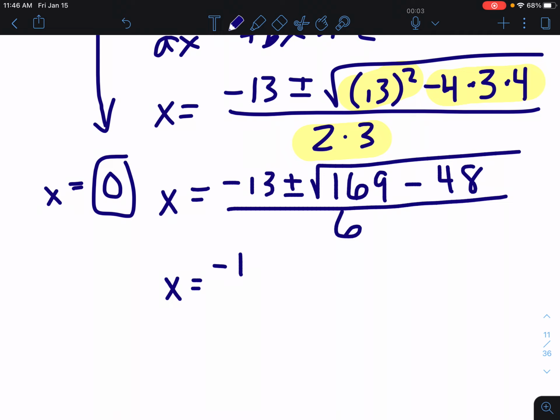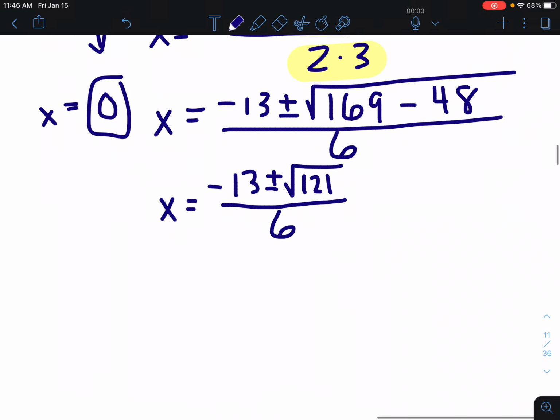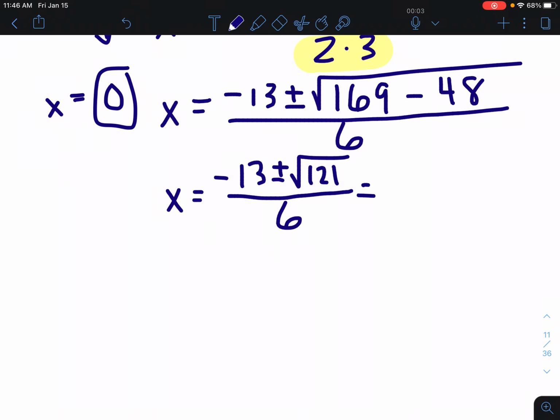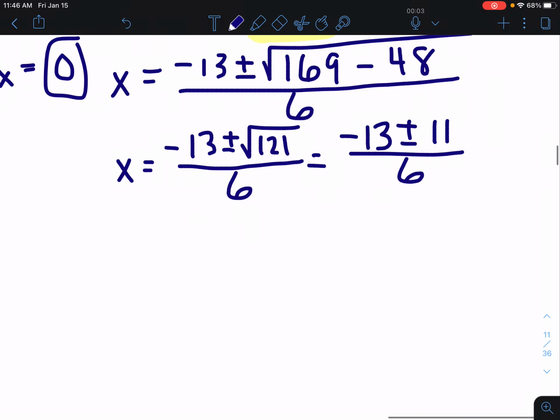Then we're going to subtract to get the square root of 121. Then we simplify the radical. Square root of 121 is 11.